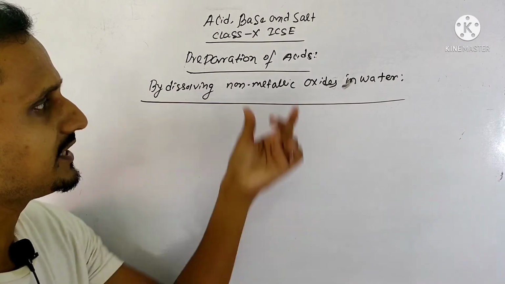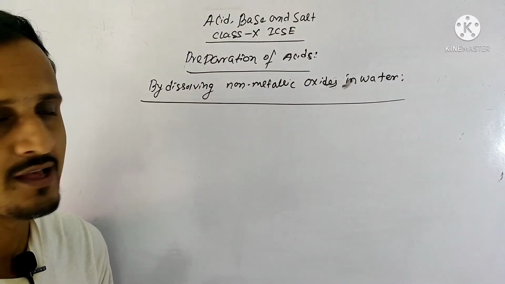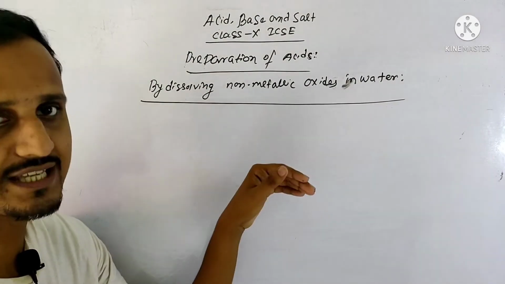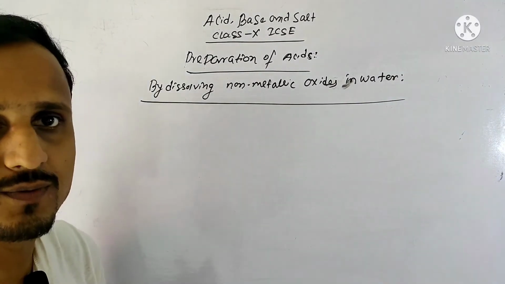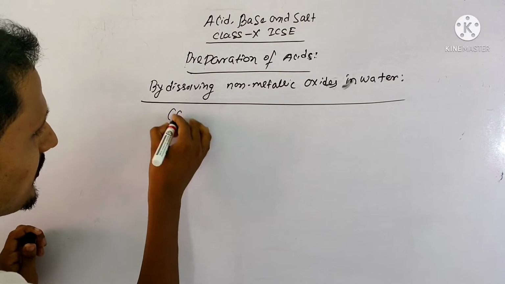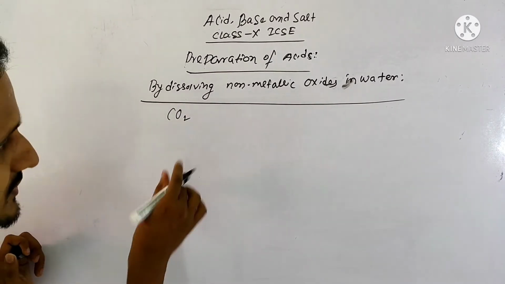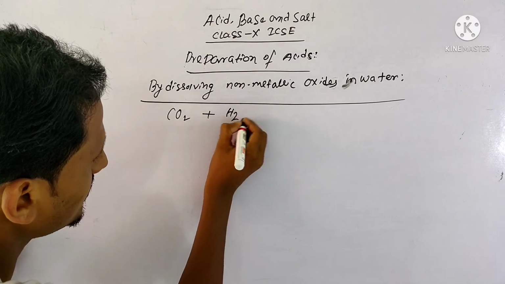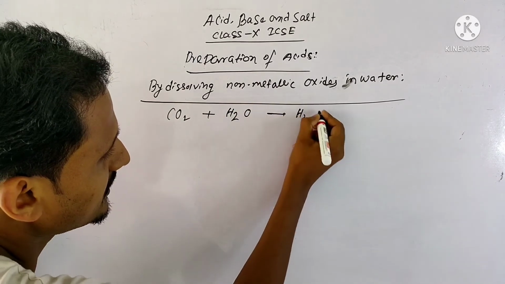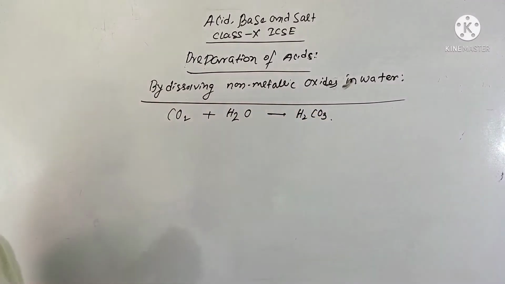We know that non-metallic oxides are normally acidic oxides. So normally when an acidic oxide reacts with water, it will form the corresponding acid. Say carbon dioxide, an acidic oxide. When it dissolves in water, it will form the corresponding carbonic acid, H2CO3.